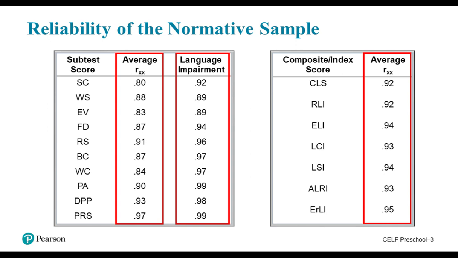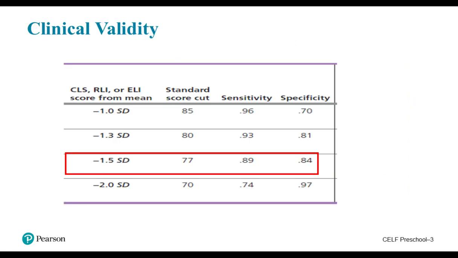For the clinical group, children with a language impairment, the subtest reliability coefficients are consistent with the coefficients reported for the normative sample. This initial evidence suggests that CELF Preschool-3 is equally reliable for measuring language skills for children from the general population and for children diagnosed with language impairment.